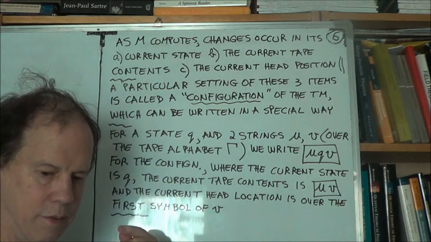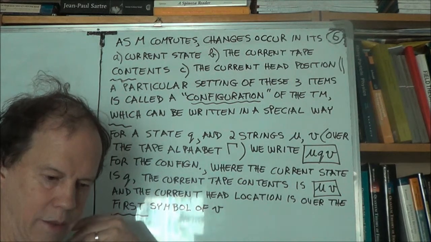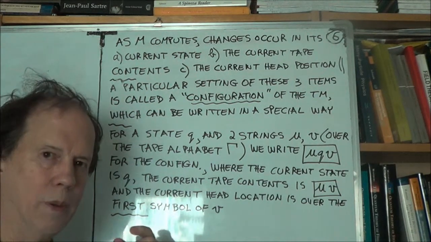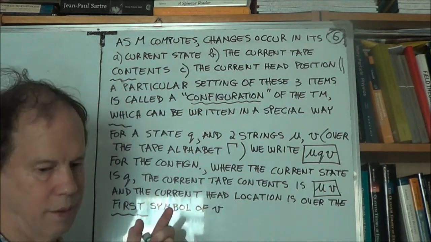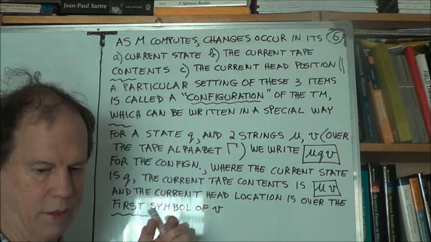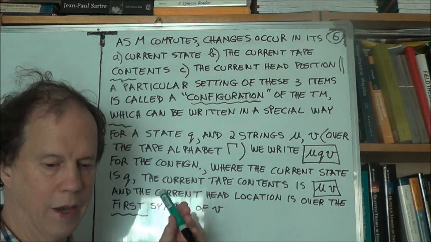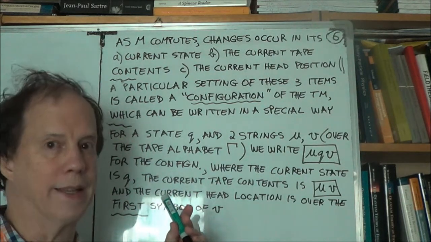And the transition function will provide it with an ordered triple, which is sort of the instructions of what to do next. So there's a bit of revision. The first item in the triple is the next state.